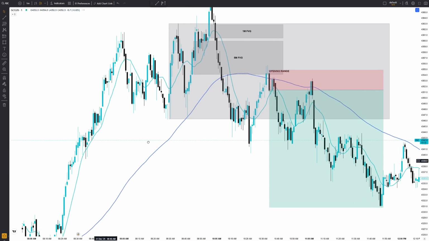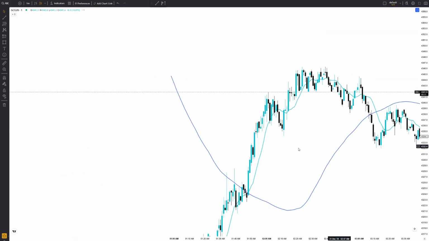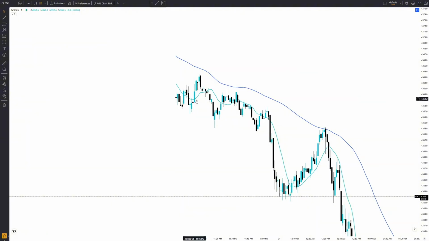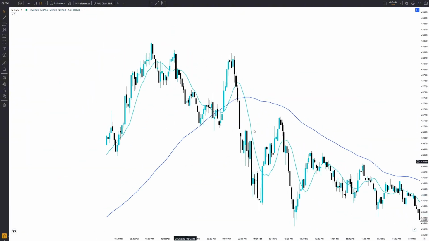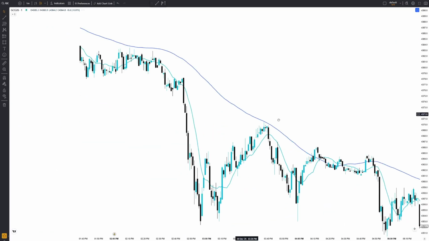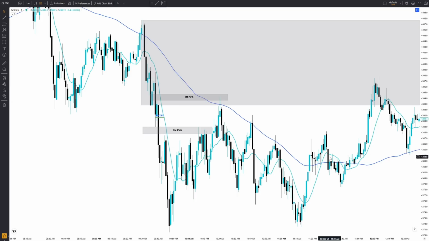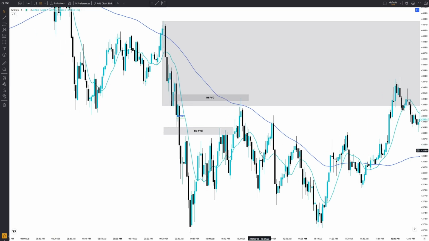Now let's go back to yesterday, because I want to show you guys a real example of an opening range trade. Okay, so boom, and I already got it marked out for you. What you see right here is a clear opening range break.